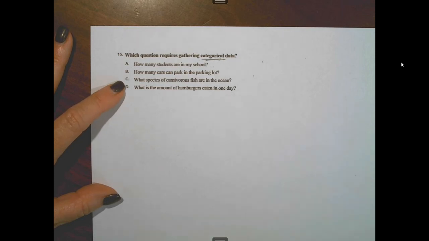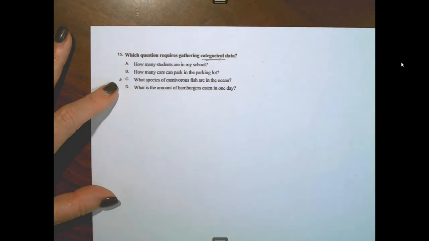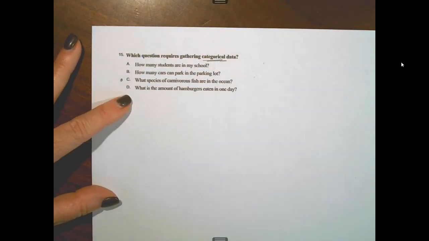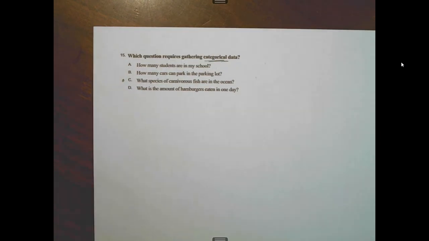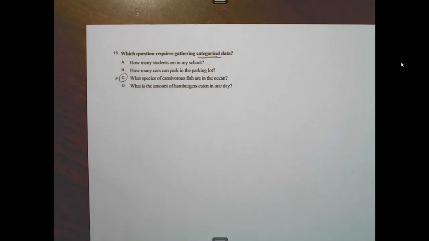So somebody would be giving me names of the carnivorous fish in the ocean. And it's that one so far. What is the amount of hamburgers eaten in one day? Well, we'd have to count them. So that would be numerical data. So, yes, our answer was C. What species of carnivorous fish are in the ocean?